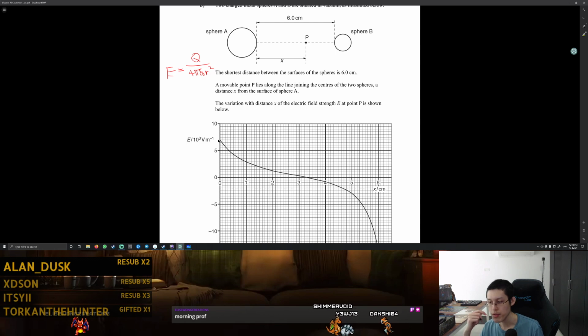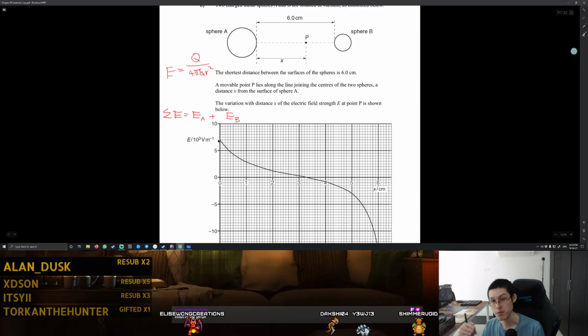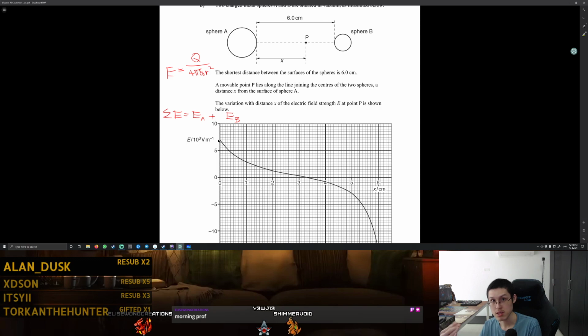So to find the resultant electric field strength, you have to take the electric field strength due to A plus the electric field strength due to B. Kind of like when you're doing the resultant force equation or resultant moment equation. Resultant means added up.